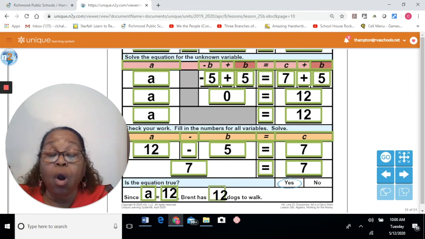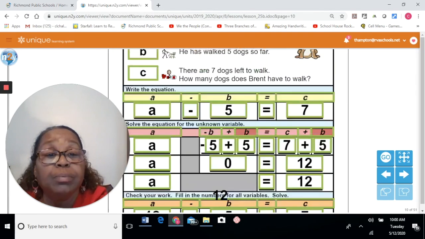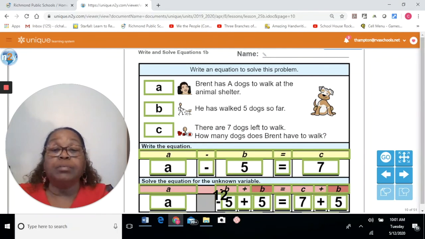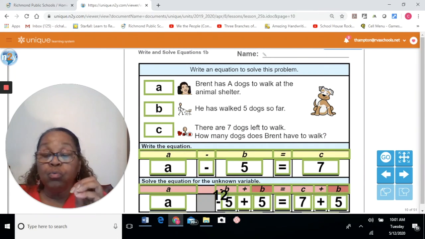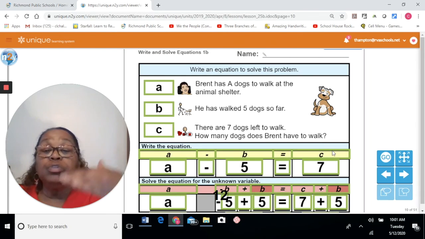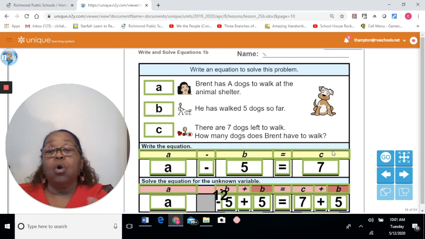Another thing that will always help you to get your problem correct is if you lay out your word problem correctly. So when you read your word problem and you separate your variables A, B, and C, and you lay it out, A minus or A plus B will equal C, then you substitute your numbers in, you should always get it right.